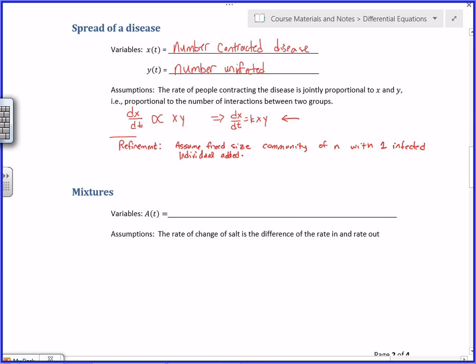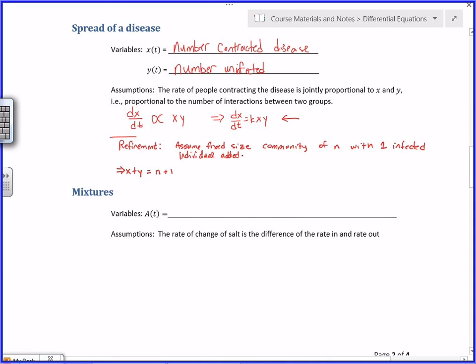Okay, so we're going to assume a fixed size community of n with one infected individual added. So notice what that would mean then is that x plus y, the total number of people in the population, is now that n plus one new individual.